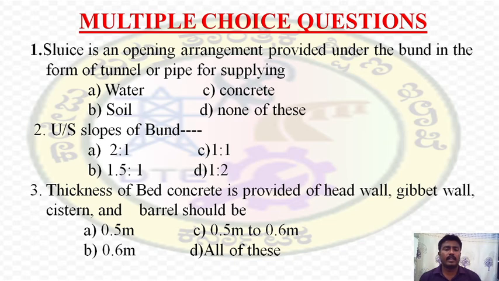Next slide is multiple choice questions. The first question is, sluice is an opening arrangement provided under the bund in the form of tunnel or pipe for supplying of option A water, option B soil, option C concrete, option D none of these.